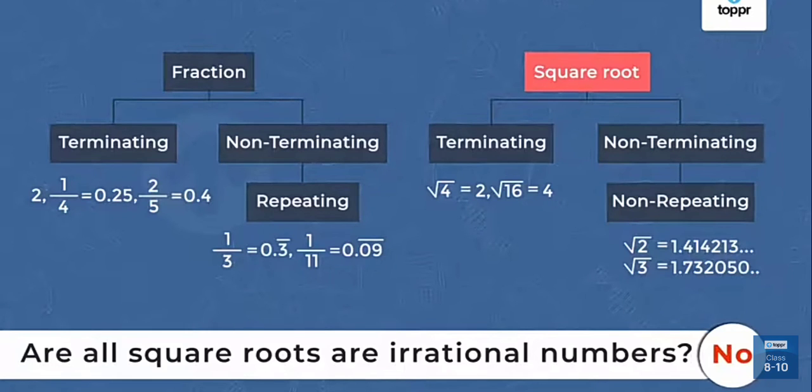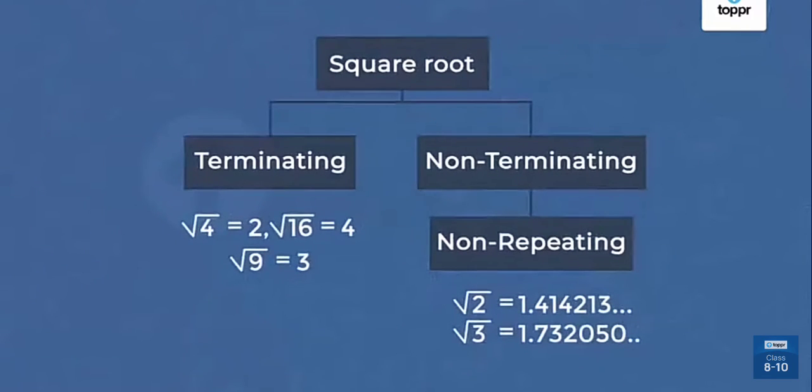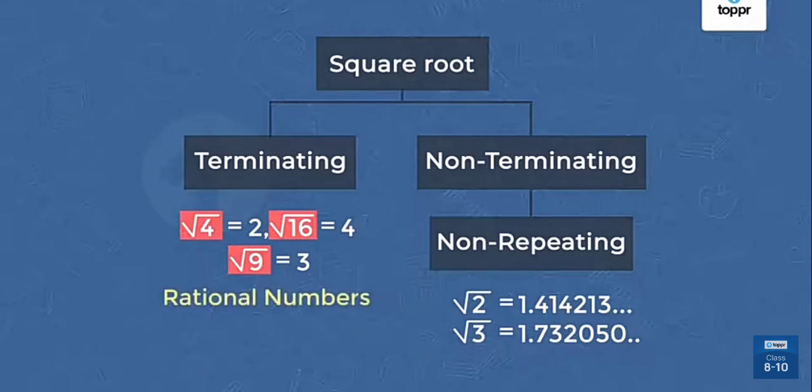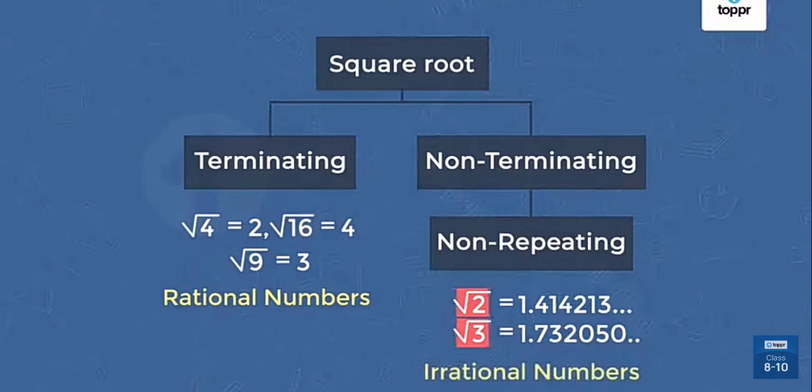Because some square roots terminate and some do not terminate. So the square roots of all the perfect squares of natural numbers, like the square roots of 4, 9, and 16, are rational. However, the square root of 2 or the square root of 3 are irrational. If you got the answers right, well done.